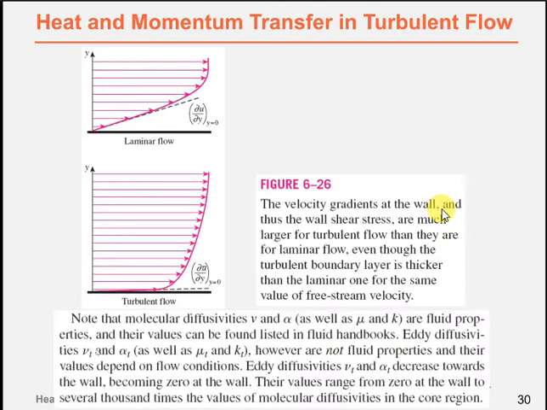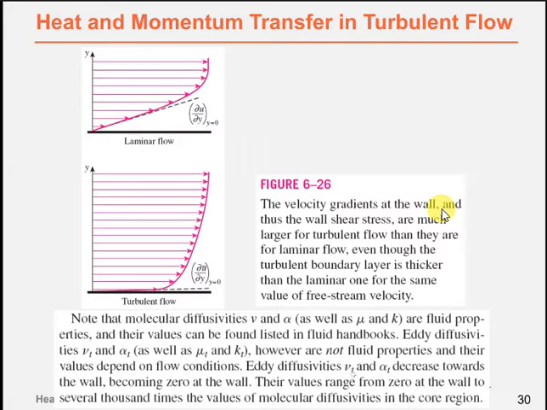But if you have a subscript t, meaning turbulent, mu_t or alpha_t or k_t, that means in turbulent convection heat transfer, the viscosity and thermal conductivity in turbulent flow are not fluid properties, and their values depend on flow conditions.